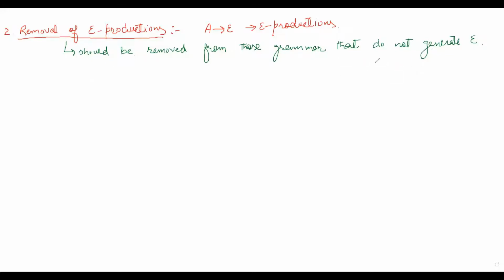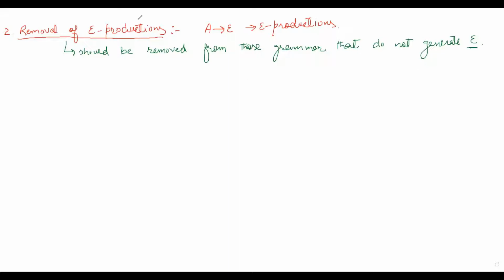However, if we want my grammar to also generate epsilon, then we have to do something else. We will see what, but you should keep in mind that the removal of epsilon productions should be done in all the grammars. Here I am writing that it should be done only on those grammars that do not generate epsilon, but keep a general rule: you can remove epsilon productions from all the grammars.